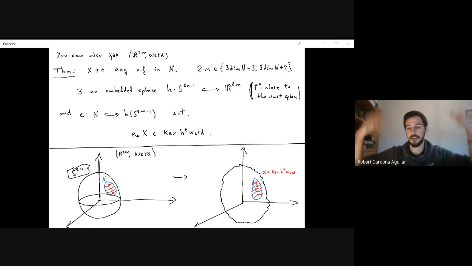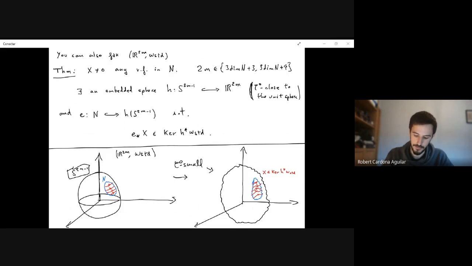So this generalizes in any dimension. What you can prove is that there is a C0 small perturbation of the sphere such that, you pick some embedding of N into this sphere, any smooth embedding. It exists because of Whitney's theorem.